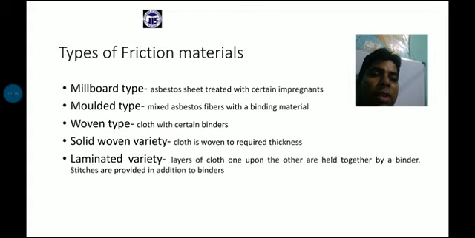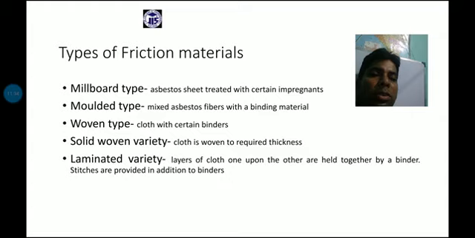That material is used as friction material, and it is very beneficial for the design of single and multiple clutches, where material selection is very important. That is the main criterion of single and multiple clutches. And stitches are provided in addition to the binders. So those are the types of friction materials.